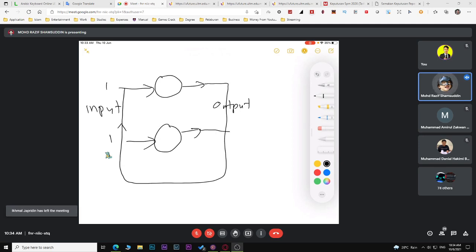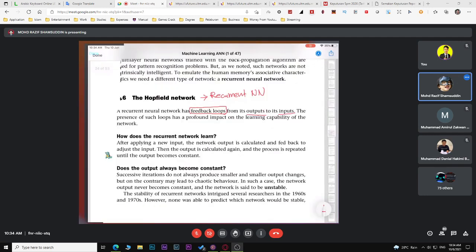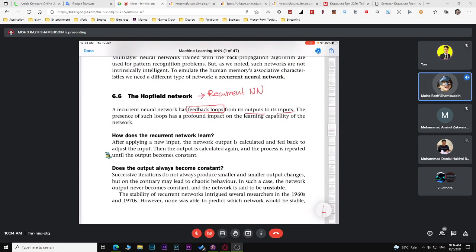That's what we call as a feedback loop. Okay, jadi macam itulah network dia. Itu maksud a recurrent neural network with a feedback loop.